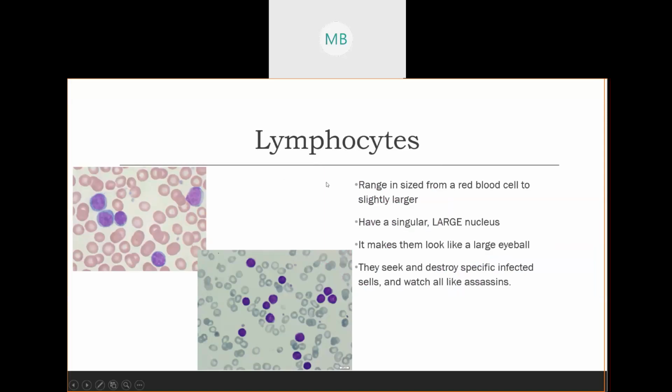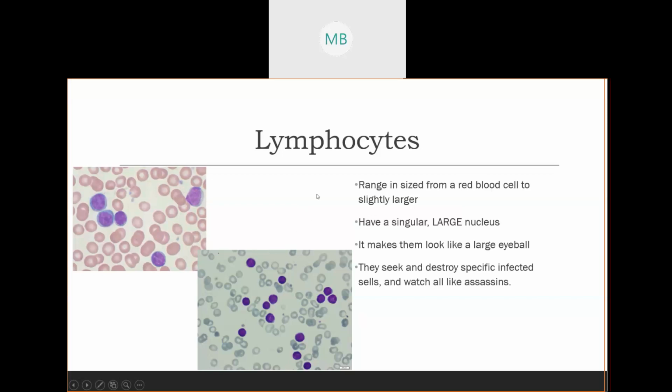Now if we go to your other branch, the agranulocytes of your white blood cells, the first one are your lymphocytes. Lymphocytes can vary in size. They range from about the size of a red blood cell to slightly bigger. So this one is bigger than its red blood cell companion. This one is about the same size.